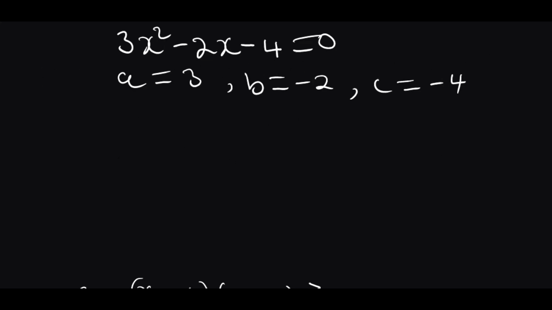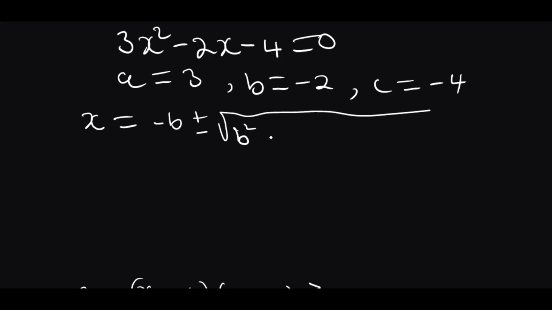Right, now we need to write the quadratic formula, which is x = (-b ± √(b² - 4ac))/2a.